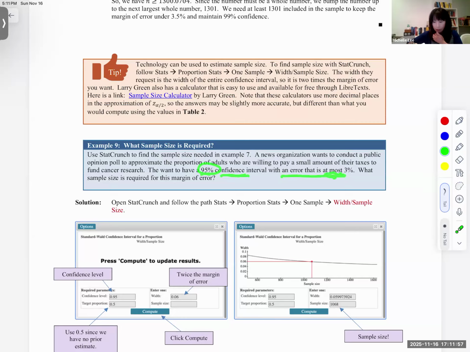The margin of error is 3%. We double it, then we get 6%, right? If we get the 6%, we don't use the 6% there. So we convert to the decimal, that is 0.06, right? Okay, let us do this. This one, right?